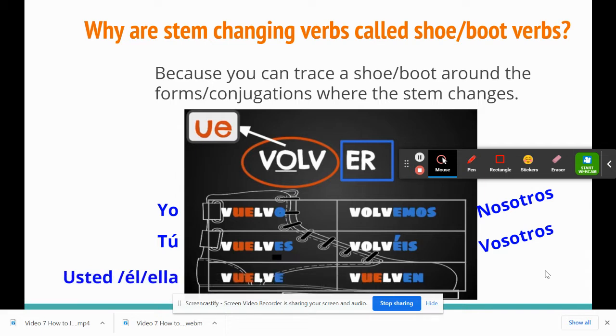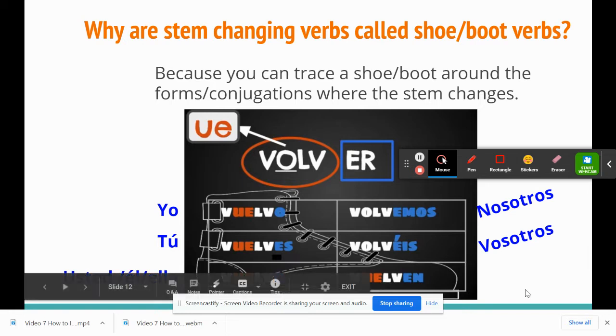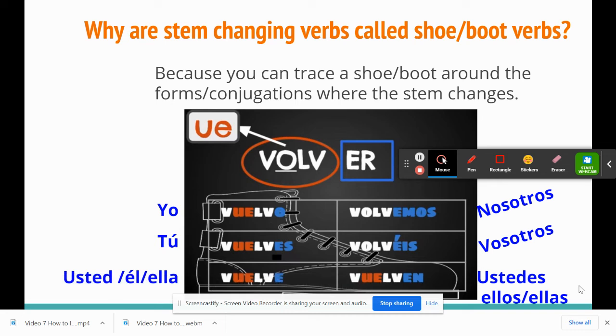Take a look at their stem. And the last one, ustedes, ellos, ellas vuelven. So basically, all the conjugations, again, that are inside the shoe, okay, they take the UE. Nosotros and vosotros are in a section. They do not change in the stem. So you don't need to change the O to UE for nosotros and vosotros.